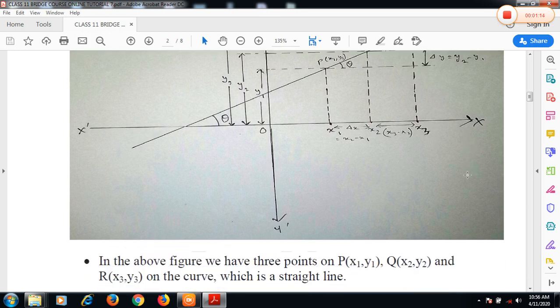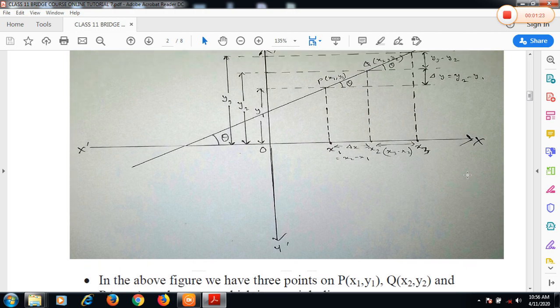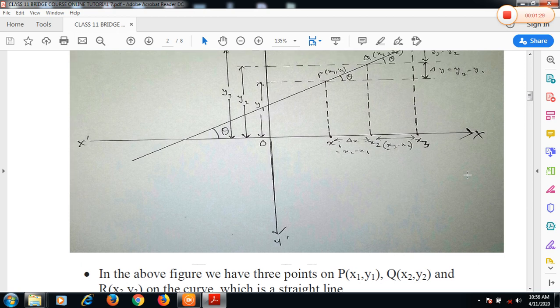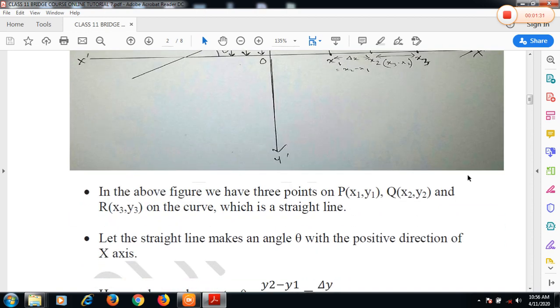In the above figure, we have 3 points, namely P, Q and R having coordinates (x1, y1), (x2, y2) as we can see, and (x3, y3) on the curve, which is none other than a straight line, right?